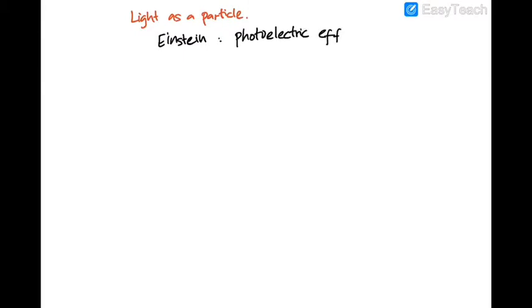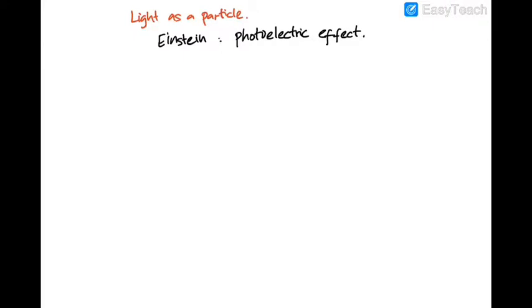Now we will discuss light as a particle. This idea came from an experiment by Albert Einstein, the one that actually won him his Nobel Prize. He found a phenomenon called the photoelectric effect.